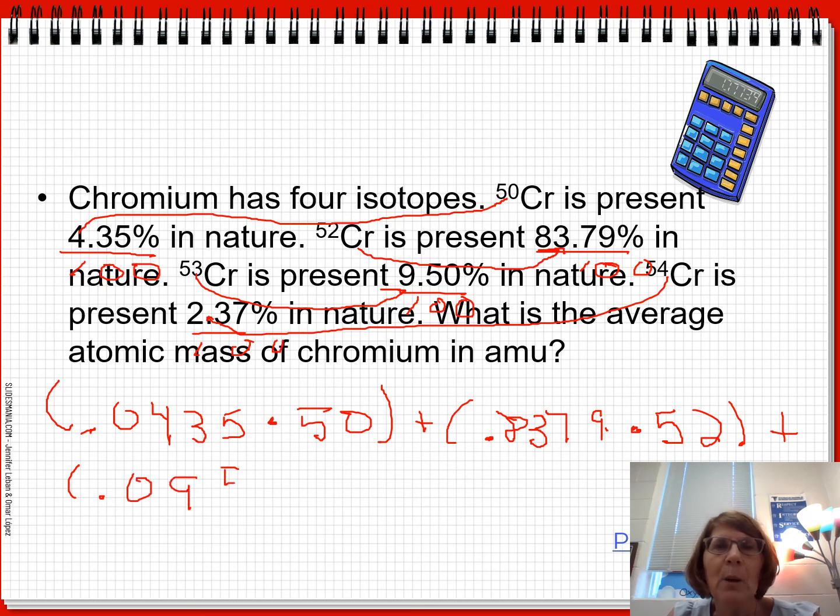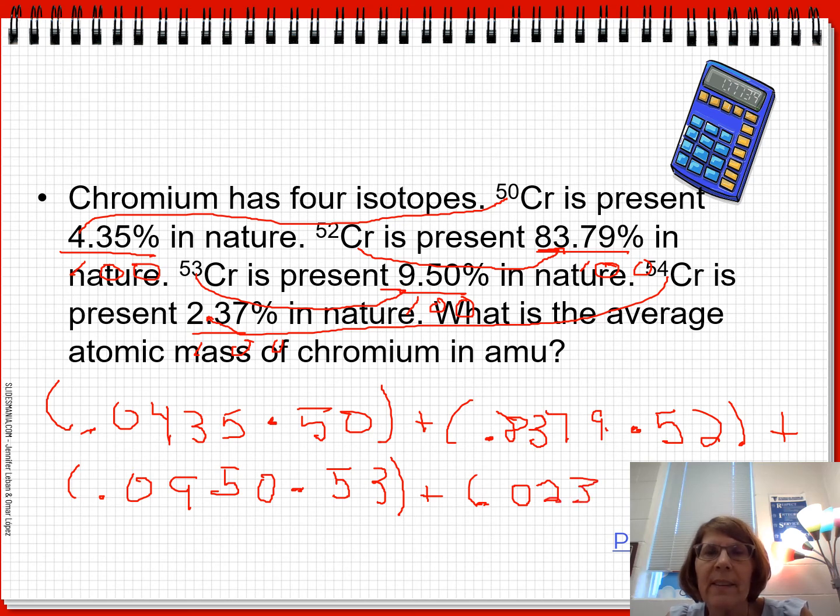That's just 9.5 divided by 100 times 53, and then the last one, which is 0.0237. That's just 2.37 divided by 100, and then times that by 54. And put that in our calculators.